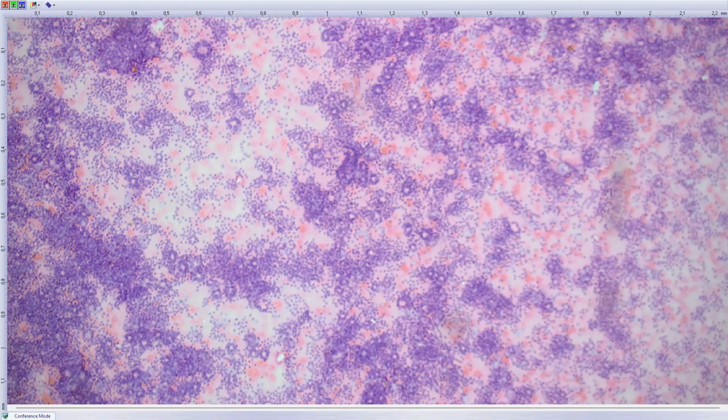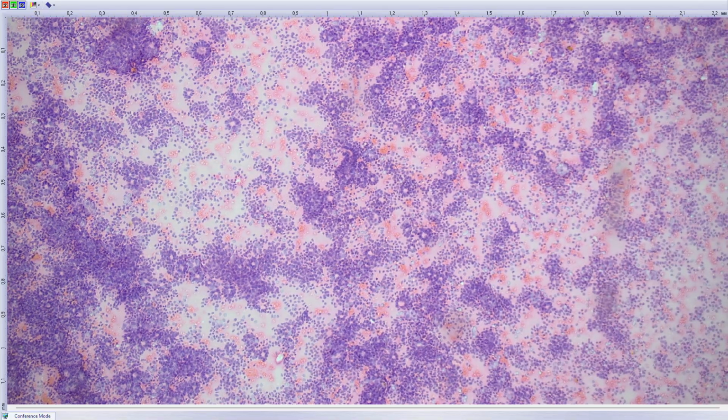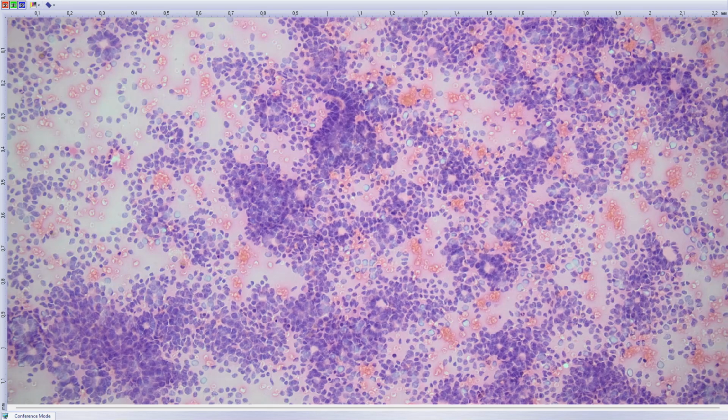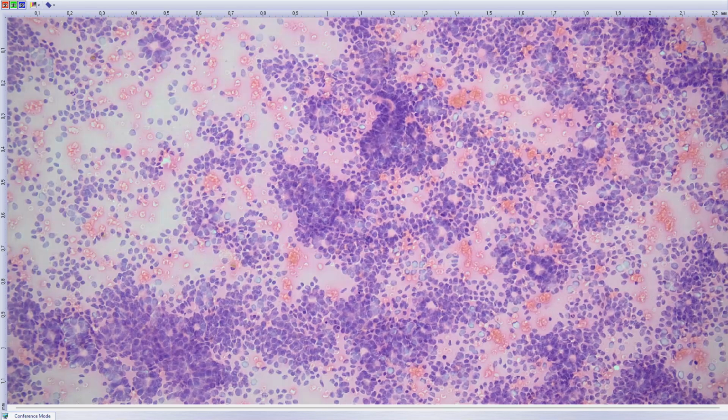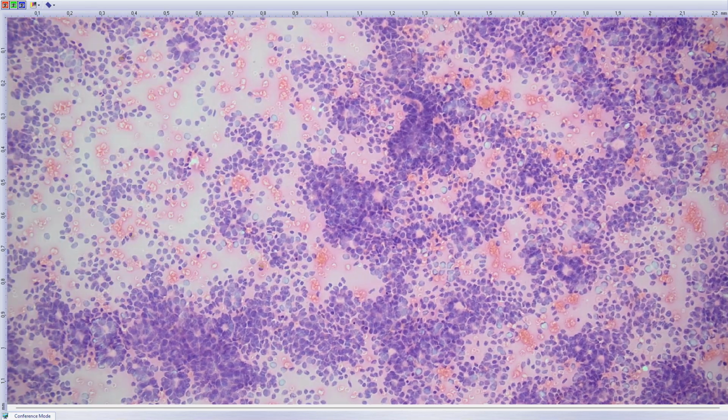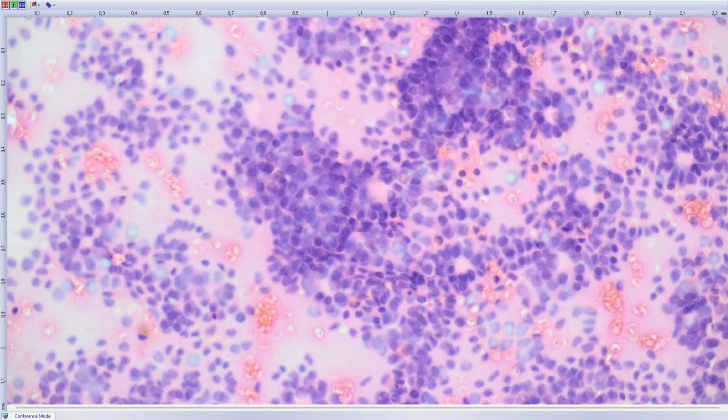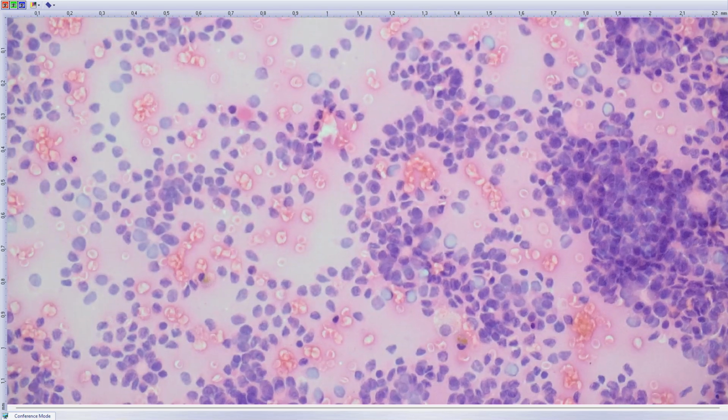The advantage of perioperative cytology is that the frozen section will give you architectural clues to the diagnosis, but cytology will provide you with cytological details which are not hampered by freezing.